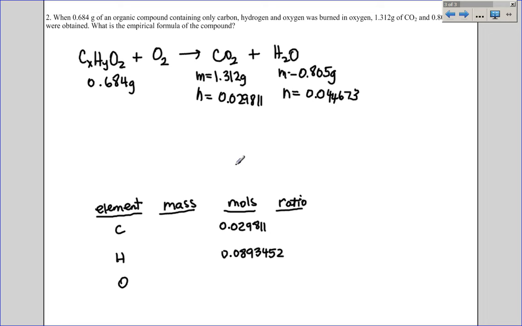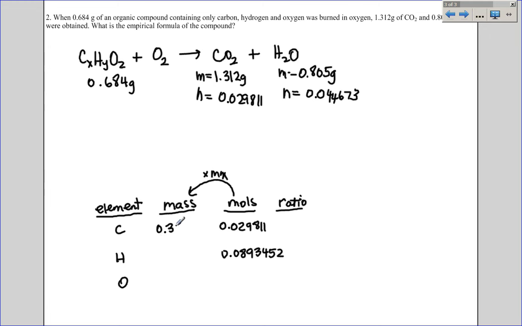Now, to find the amount of oxygen that's in the sample, we're going to use the information that we have about the total mass of the sample. Since I've been able to determine the moles of carbon and the moles of hydrogen, I can work backwards and figure out what mass of carbon is in that sample. I multiply by the molar mass of the elements to determine the mass of the carbon and the mass of the hydrogen.